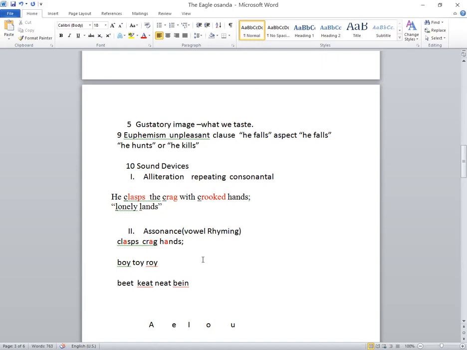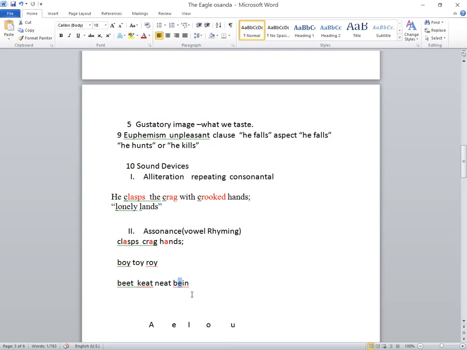Here E, here E, here E. There are different vowel letters, but they have the same sound. That is their common feature. They have the common sound, but different letters.